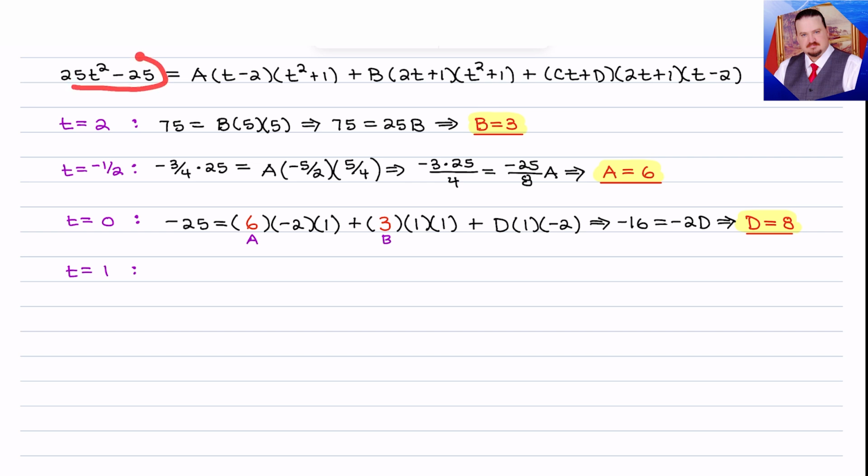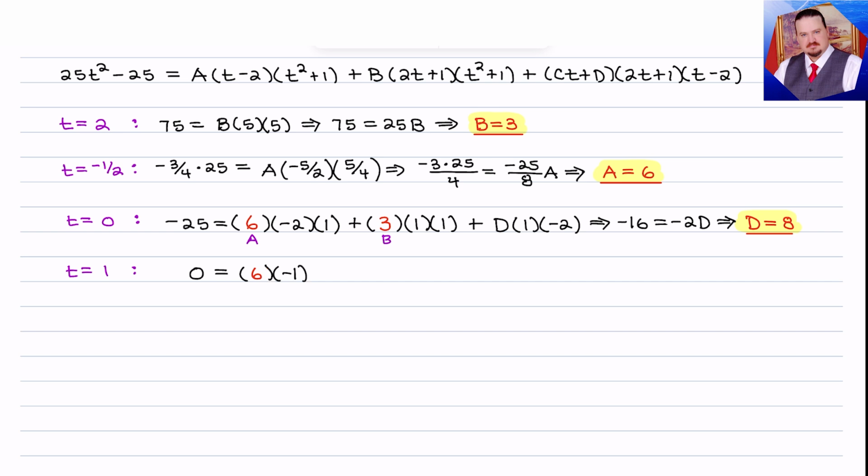All right, so here we're going to evaluate or plug in the 1. 25 times 1 squared is 25. 25 minus 25 is 0. And I'm going to do the same thing with the A, B, and the C. So now I'm going to go ahead and prep it. What's A? A is 6. We already found that out. So I'm right here in the evaluation. So I'm plugging in 1. 1 minus 2 is negative 1.